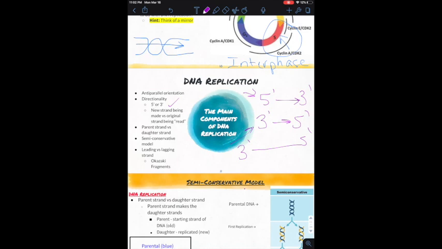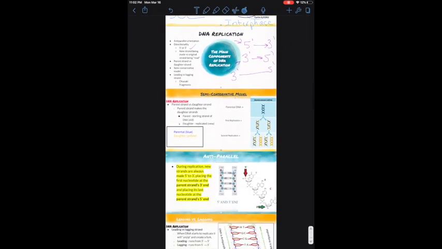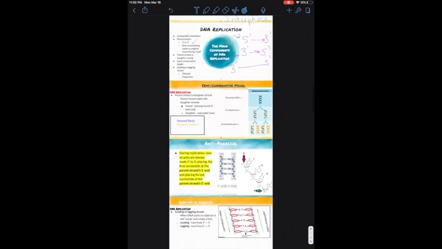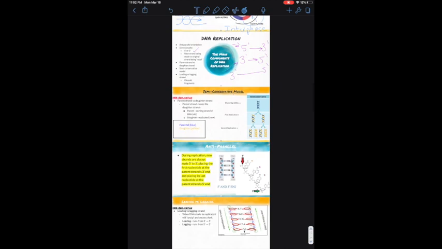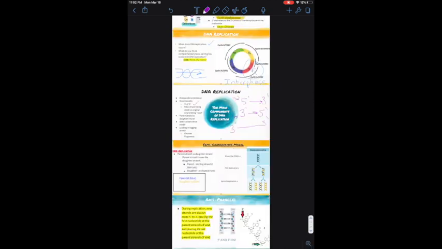If we're looking at the strand that is running from 3' to 5', and we have DNA polymerase making a copy of that strand, the copy is always made in the 5' to 3' direction, meaning that the first nucleotide would be placed here because it's an anti-parallel orientation.